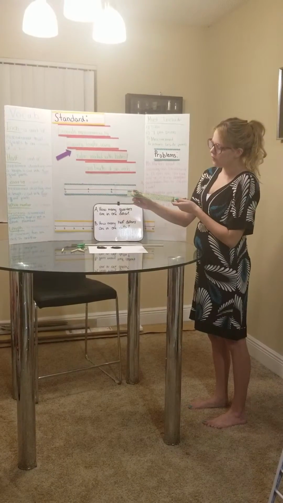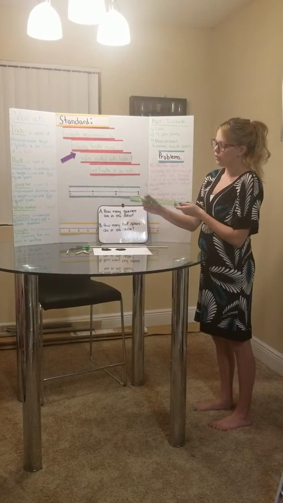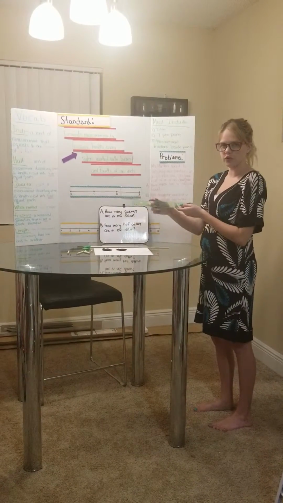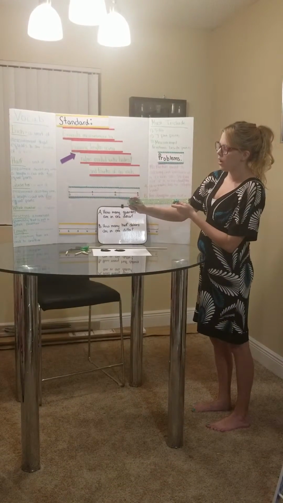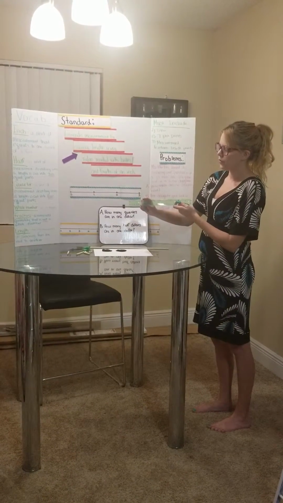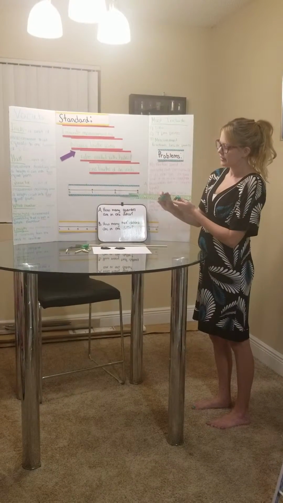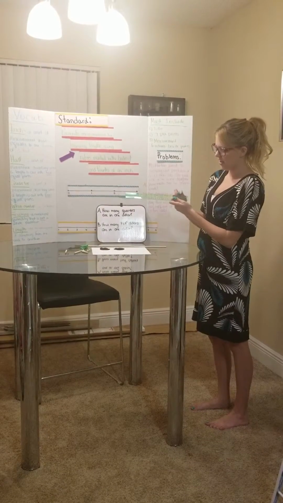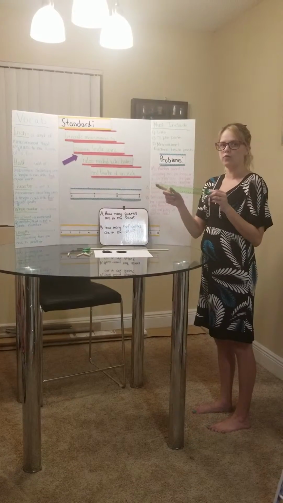And then if you look here, from 1 to 2, that's a 2nd inch. 2 to 3 is a 3rd inch. 3 to 4 is a 4th inch, and so on all the way to the number 12. So if you look here, we have 1, 2, 3, 4, 5, 6, 7, 8, 9, 10, 11, 12. There's 12 inches in 1 foot.